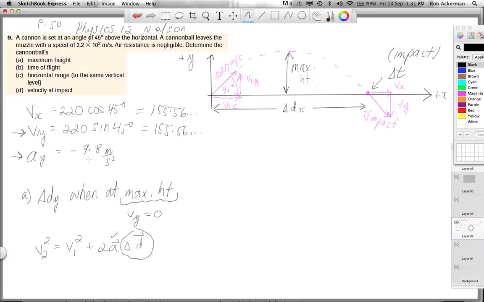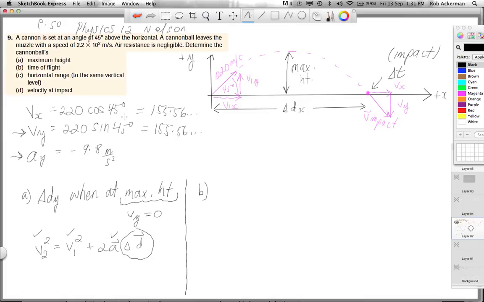V1 is this in the y direction, and we're going to square that. And this, of course, is 0 because we're at maximum height. So on your own, try solving this. I think I've done enough for you. Now it's your turn to take over. I think if you do this, you will find the maximum height. Not a problem.